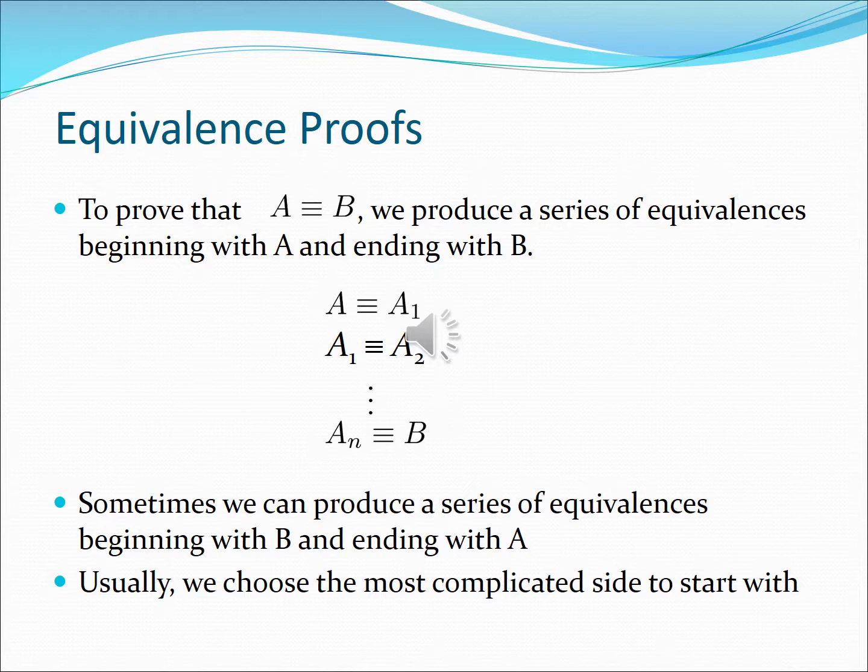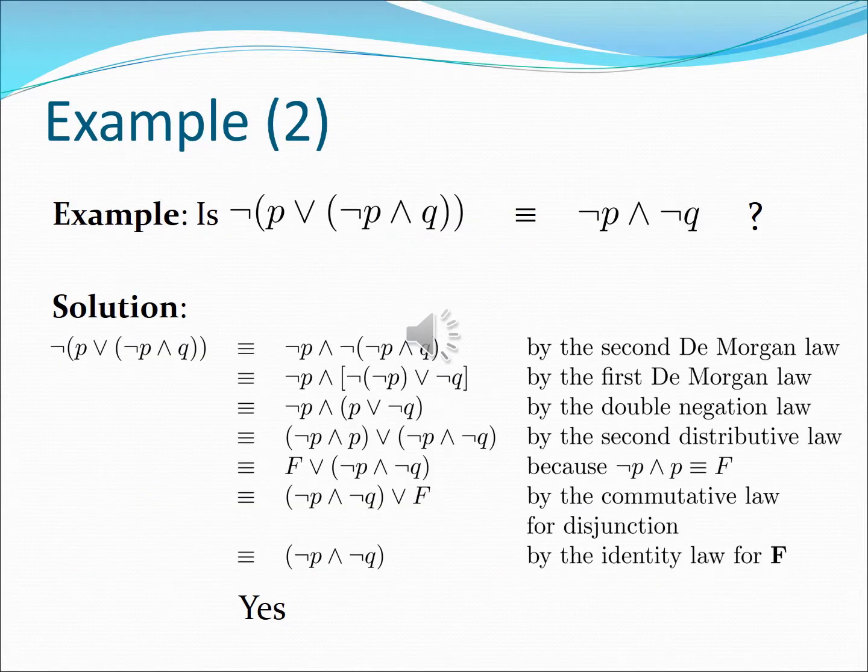Equivalence proofs. To prove that A is equivalent to B, we produce a series of equivalences beginning with A and ending with B. Sometimes we can produce a series of equivalences beginning with B and end up with A. Usually we choose the most complicated side to start with. Example number 2.